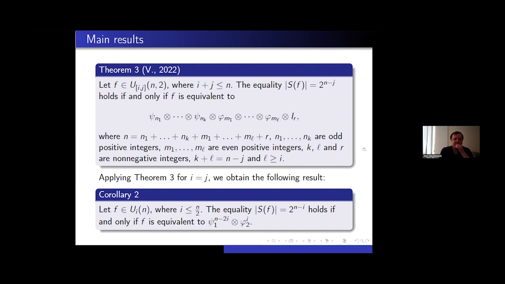And as for Theorem 2, in this case, if we consider i equal to j, we have the following result. So in this case, any optimal eigenfunction is equivalent to the following tensor product.